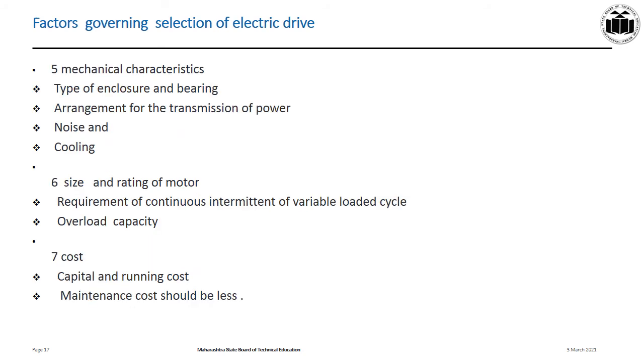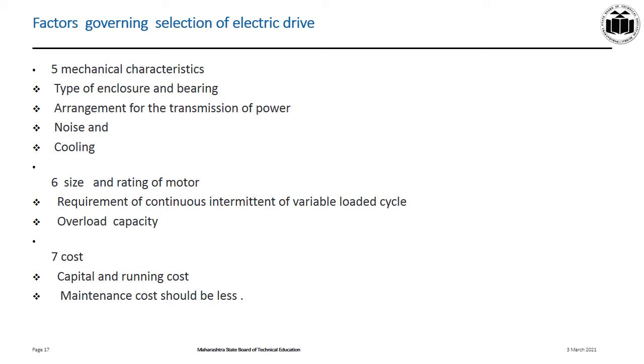Next is the mechanical characteristic, in which the various types of enclosures and bearings to be used, and the arrangement of the transmission media to transfer the power. Noise: motor operation should be with noise or it should be noiseless, and the cooling.